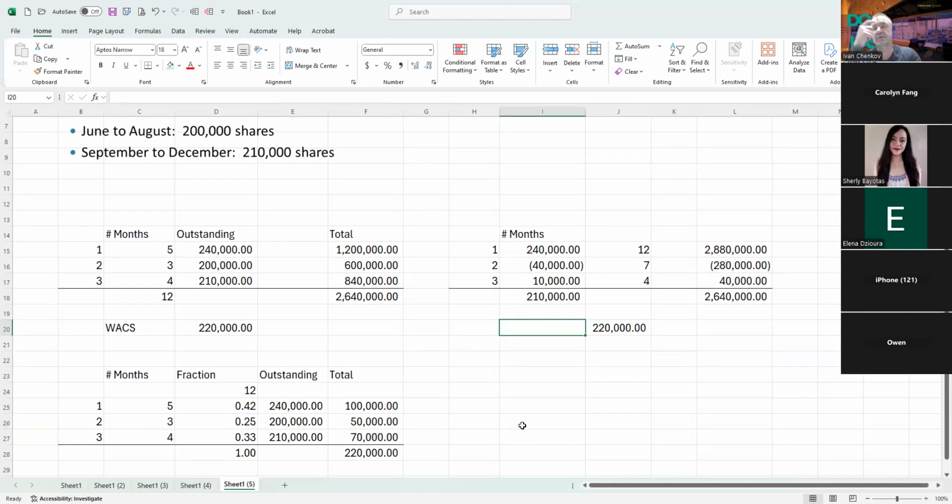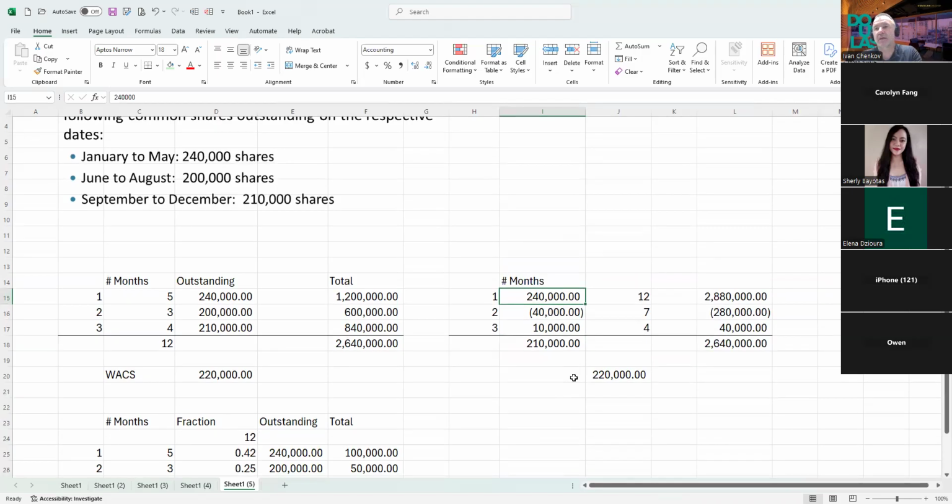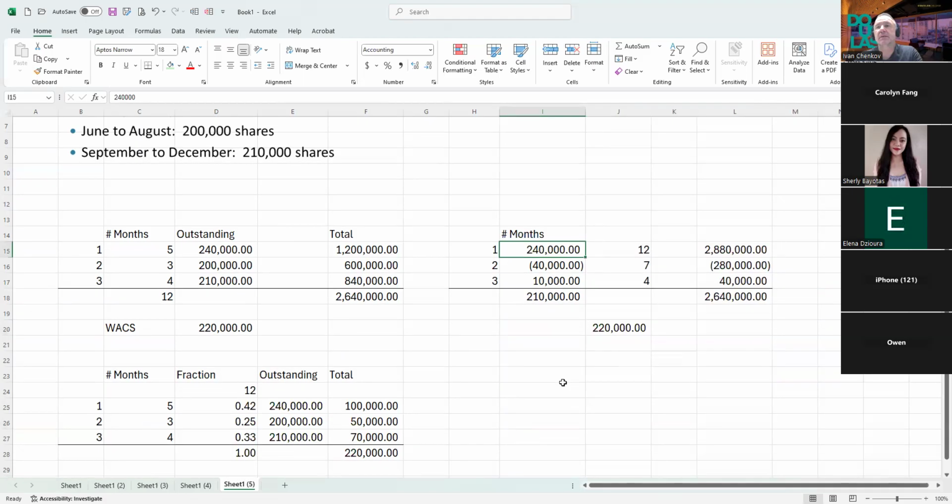And the last method is to get the fraction of those 240,000, 12 divided by 4, that amount is from January to May, then you issue another one. There are so many ways to get the weighted average. Choose the one that's easy for you. You don't have to do all the ways of calculating this. Choose the one that's easy for you.